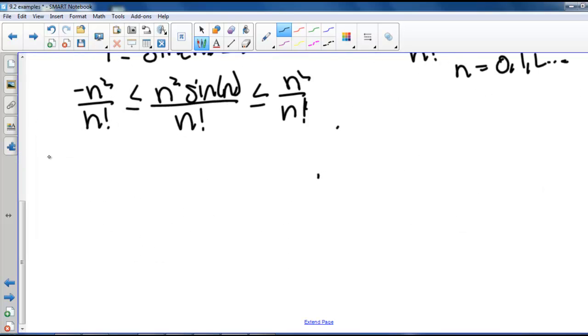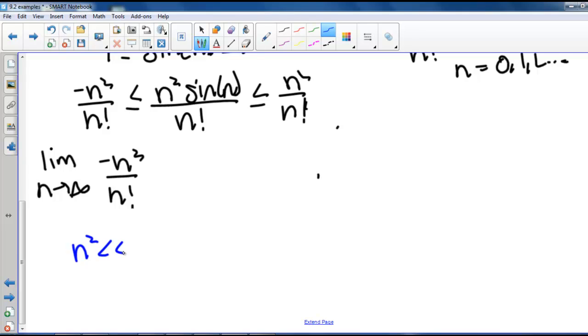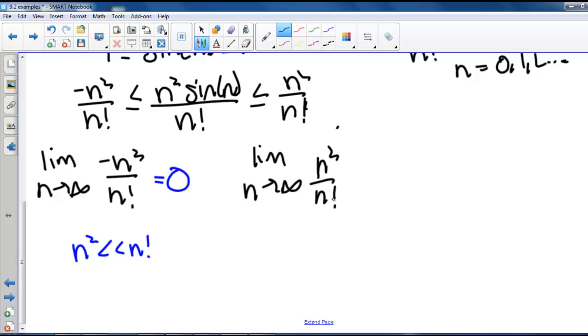Looking at the sides, the limit as n goes to infinity of negative n squared over n factorial, we can use our growth rates for this one. n squared grows slower than n factorial, so that means this limit is 0. And on the other side, the limit as n goes to infinity of n squared over n factorial, again using growth rates, equals 0.